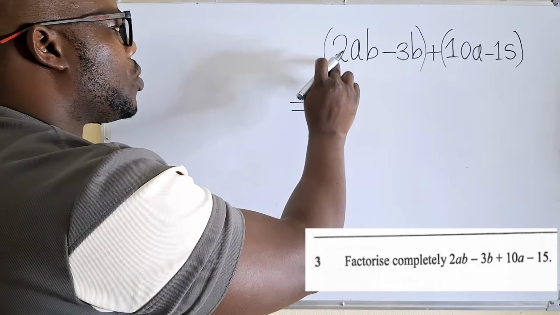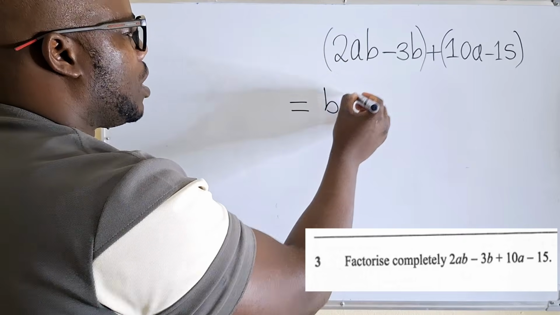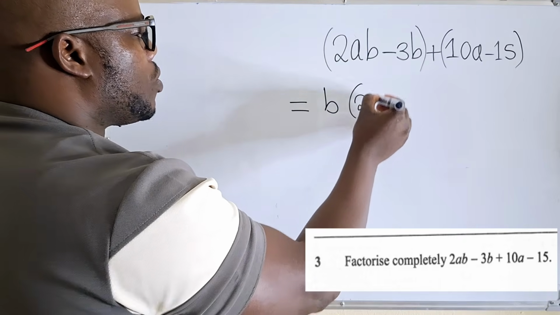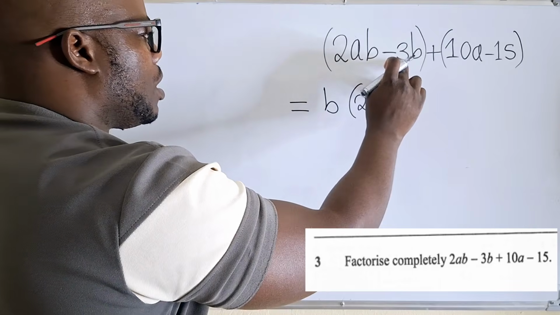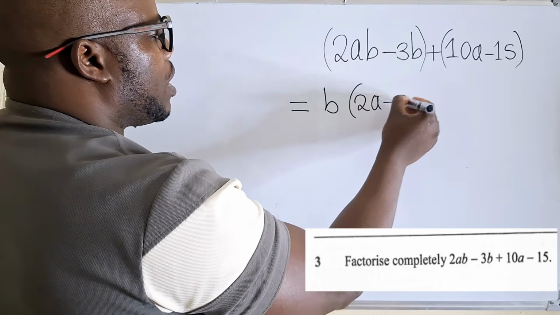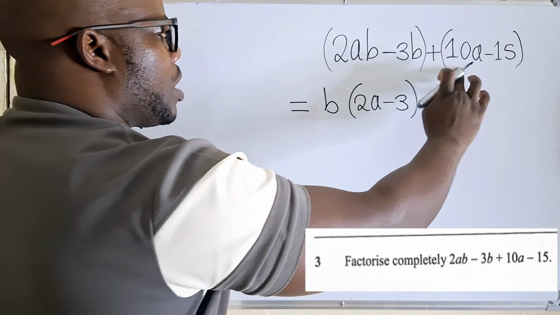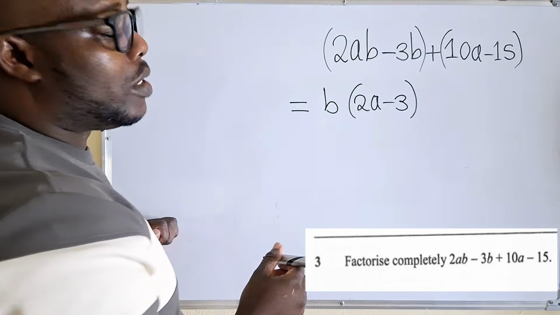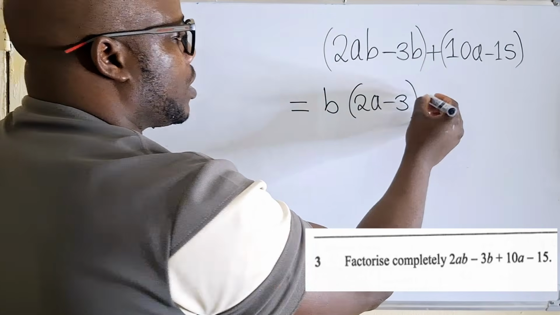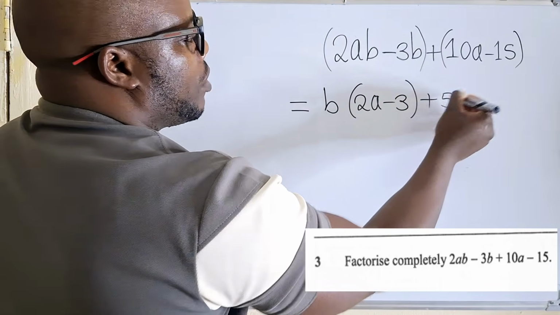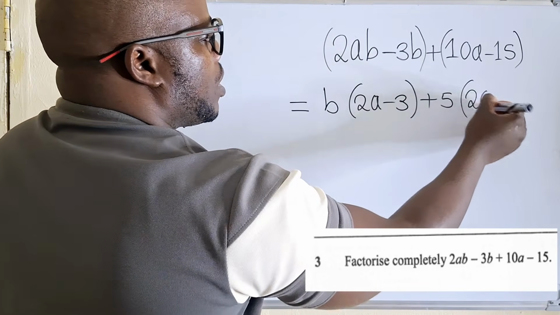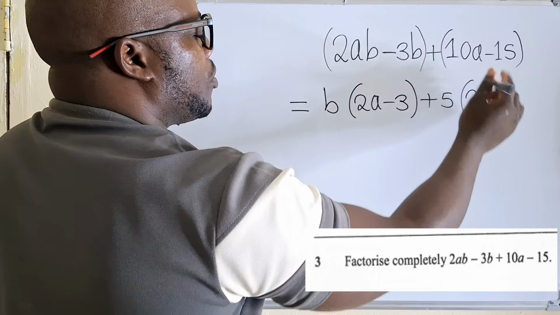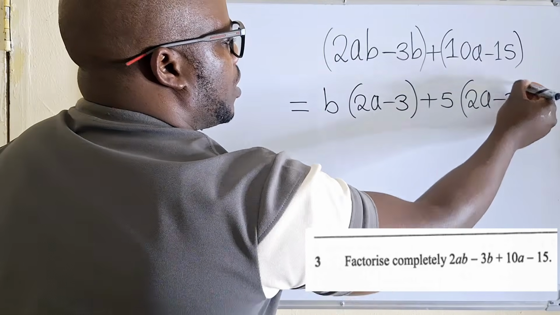So b into 2ab, that will simply give us a 2a. b into minus 3b, that's a minus 3. We come to this second group. We also factor out what is common, and that's a 5. So 5 into 10a, that's a 2a. 5 into negative 15, it's a negative 3.